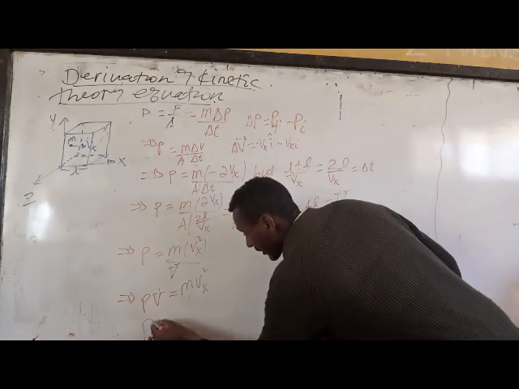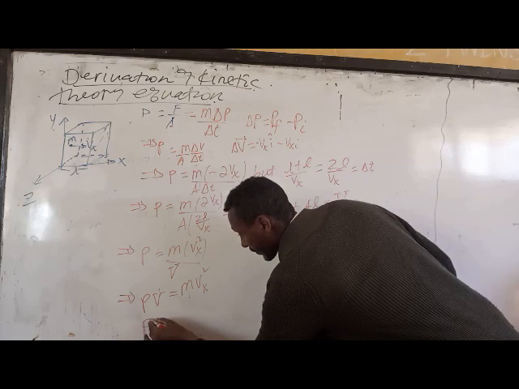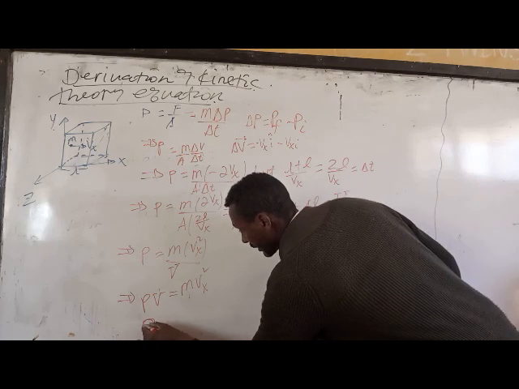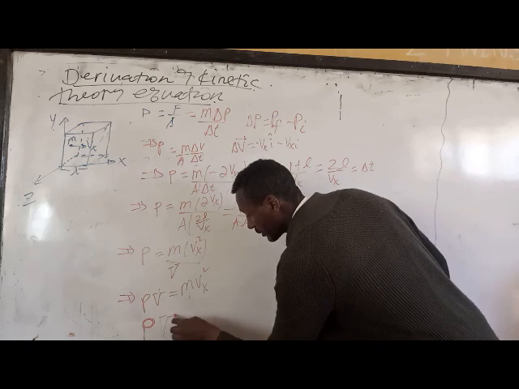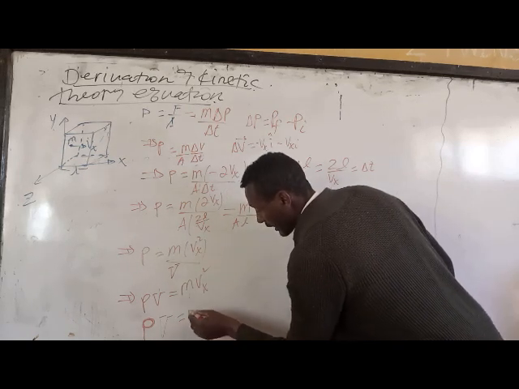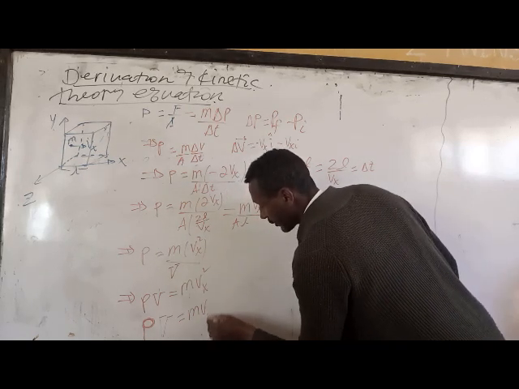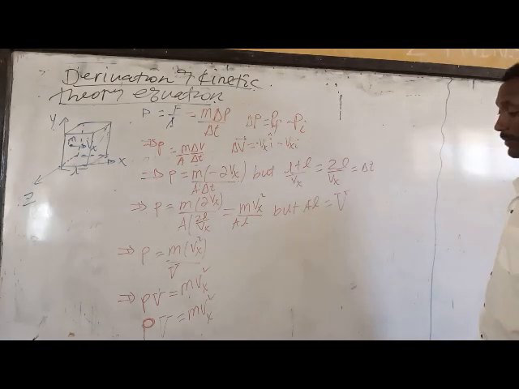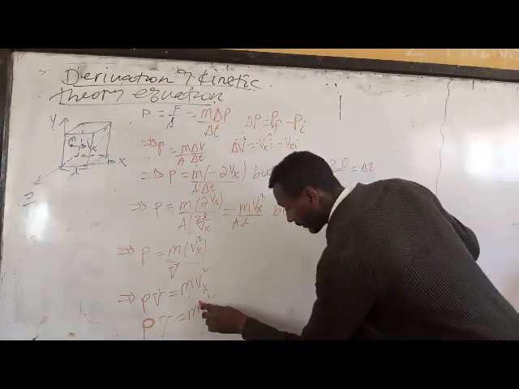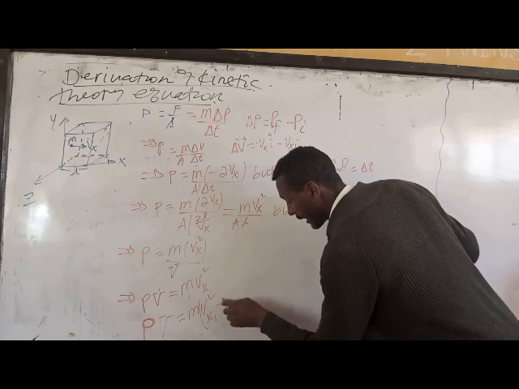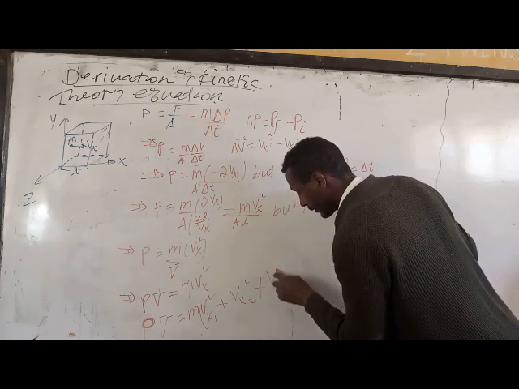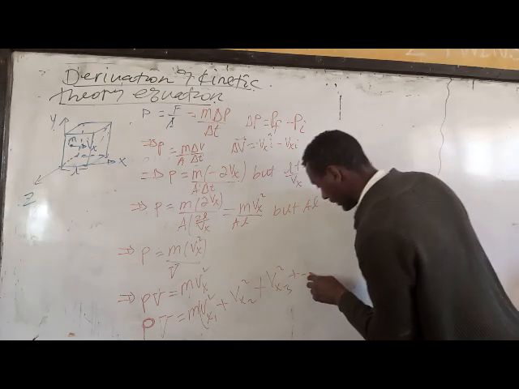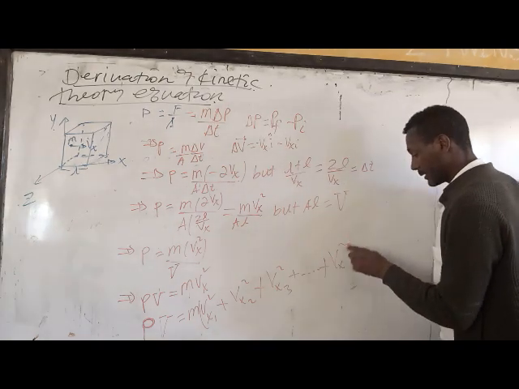Therefore, the total pressure P times the total volume is equal to m times Vx squared 1 plus Vx squared 2 plus Vx squared 3 plus up to Vx squared n.